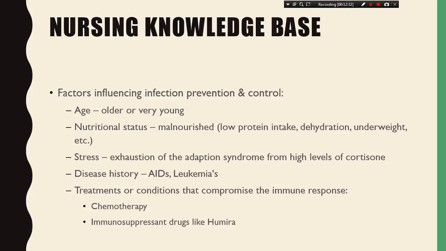Some people take those for autoimmune diseases, psoriasis, inflammatory bowel syndrome. So they work, but they also work by suppressing somebody's immune system. So they're more at risk for acquiring infections.